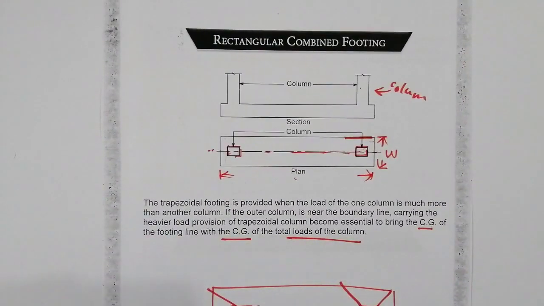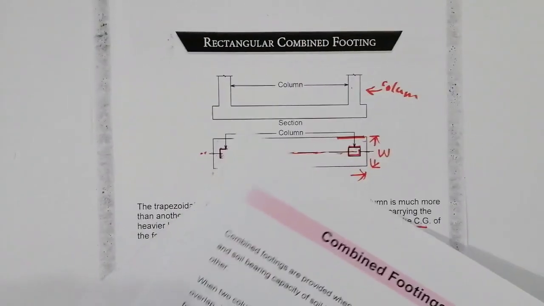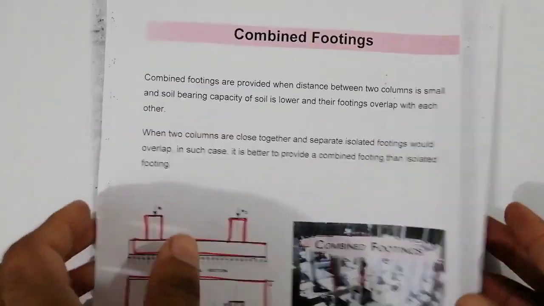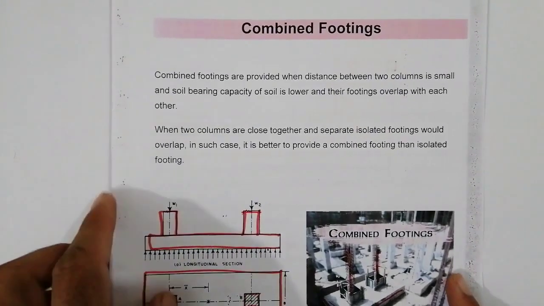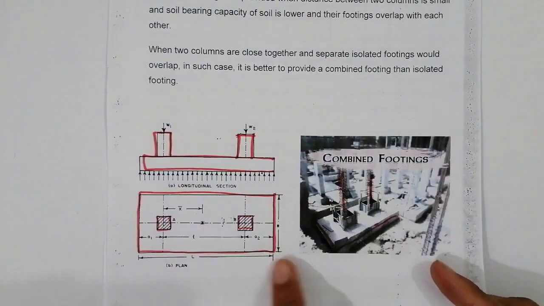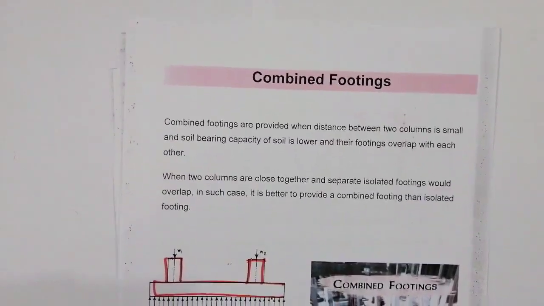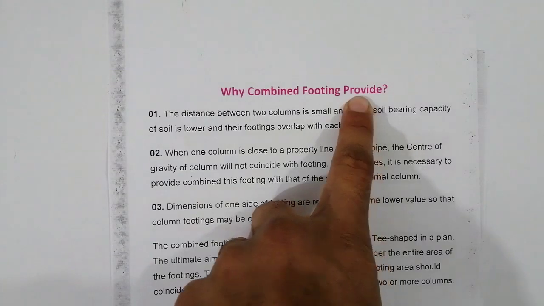As you can see guys, I've already discussed from the start of combined footing. Today we have discussed in this long video combined footing. So what is combined footing, is it important or not, and why is it important? The second, why combined footing is provided. So keep this in your mind.